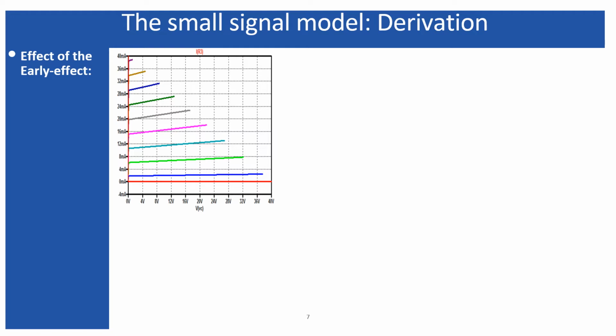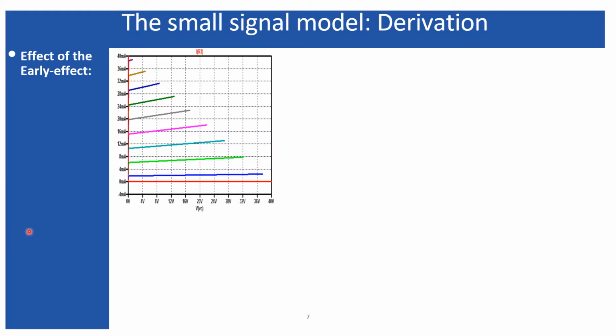From the early effect, we have seen earlier that this is the output characteristics of the common emitter configuration. We can see that the x-axis is the collector to emitter voltage VCE, while the y-axis is the collector current IC. And we can see from here, as VCE is increasing, the slope increases slightly. The increase of the slope represents the collector current increasing due to the increase of the collector to emitter voltage, and that is obviously due to the early effect.